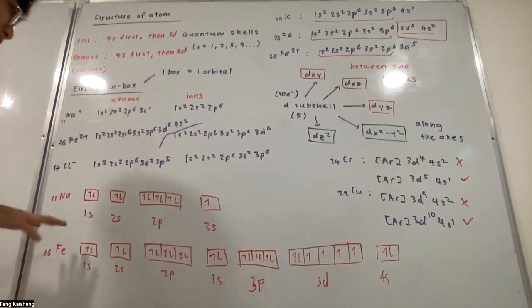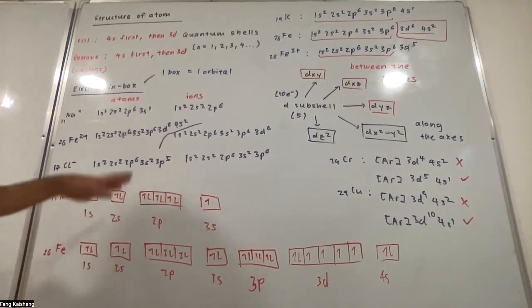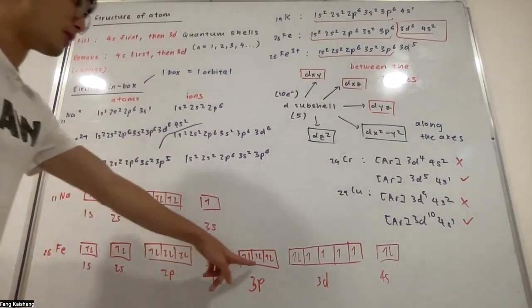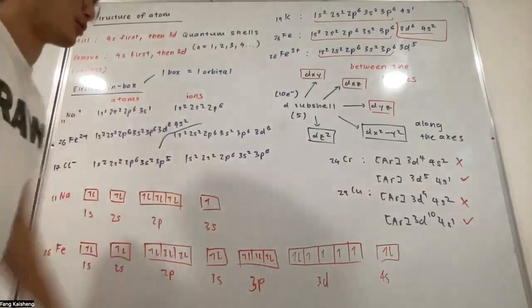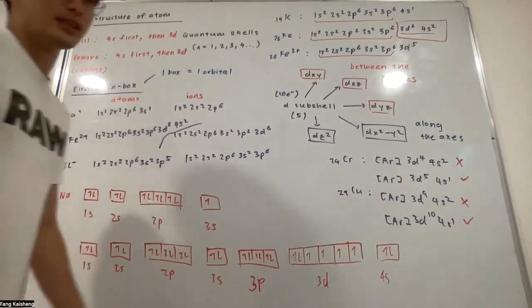For chlorine, it's just until 3p5. So for your 3p5 here, just make sure it's 2, 2, and then some only have 1. Very good. So that's electron in box.